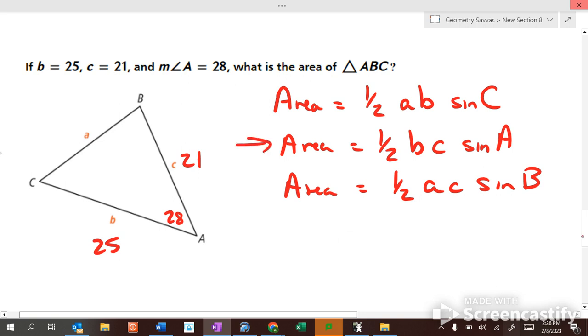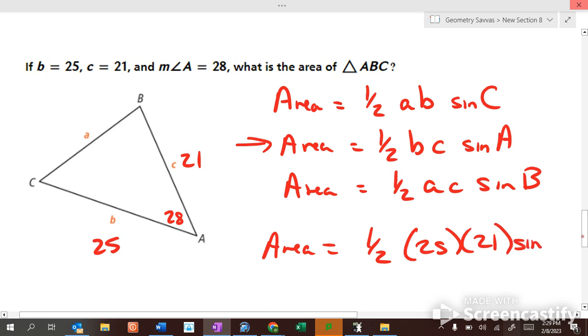Second one, because it has A in it. So the area of this triangle equals 1/2 times 25 times 21 times sine of 28. If you just plug that straight into your calculator, you can find the area super duper easy.